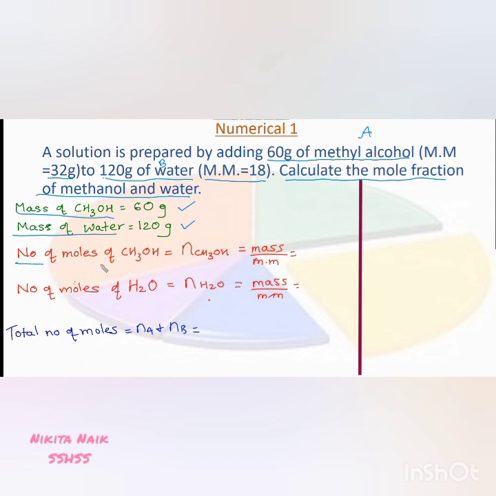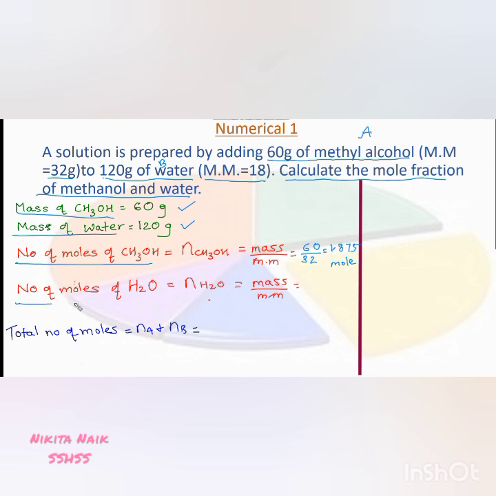So number of moles of methyl alcohol, we can write it as N of CH3OH, which will be equal to mass divided by the molar mass. So what is the mass of methanol? It is 60 divided by the molar mass, which is 32. So which comes to 1.875 mole.